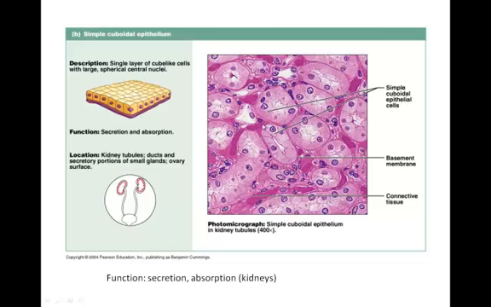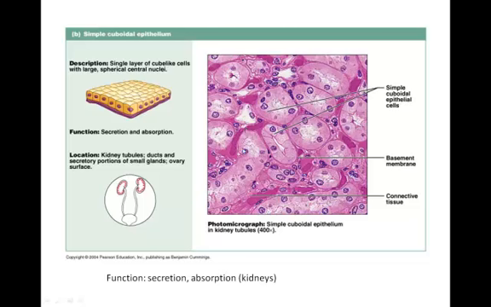So all this underlying stuff over here is all connective tissue. Actually, this is a capillary and those are little red blood cells, but here's connective tissue and here's connective tissue. I see lots of capillaries in here. So all this would be connective tissue, because here's another ring of simple cuboidal cells. Here's another one. Here's another one.